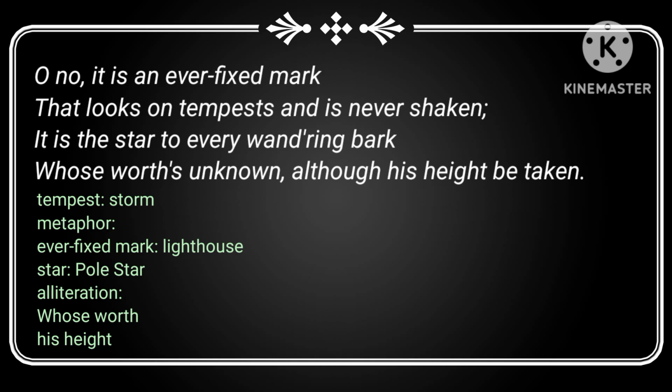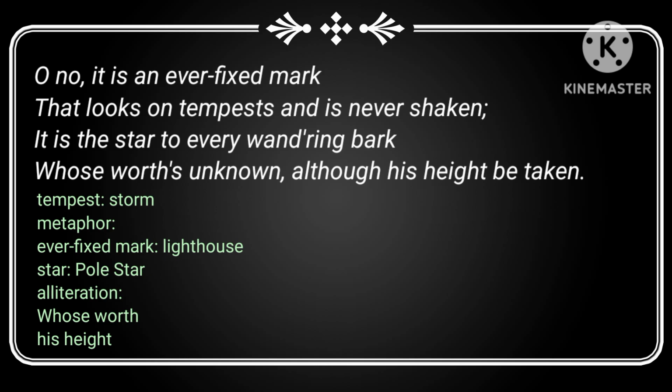Whose worth's unknown, the value of its guidance is not known. The speaker here wants to say that love cannot be measured, although his height be taken. So just the way we can measure the distance between the northern star and us, we can understand the extent of one's love.